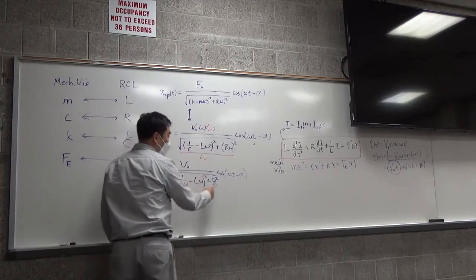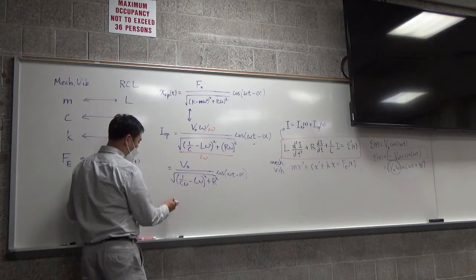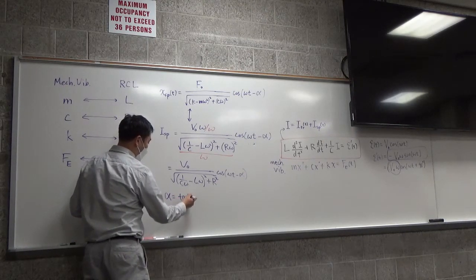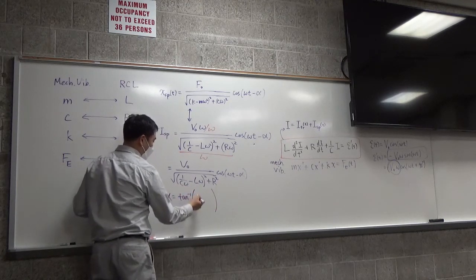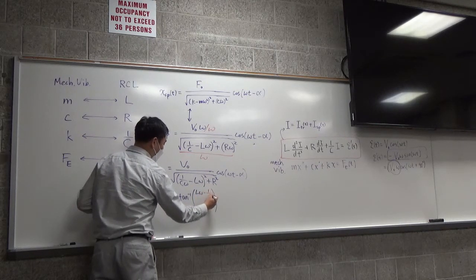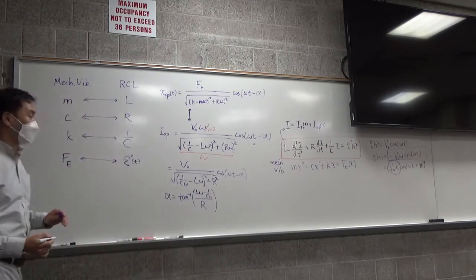And as a bonus, you also get a formula for alpha, which turns out to be the following. Alpha would be tangent inverse of L omega minus 1 over C omega, divided by R. That's what's going to happen for alpha.